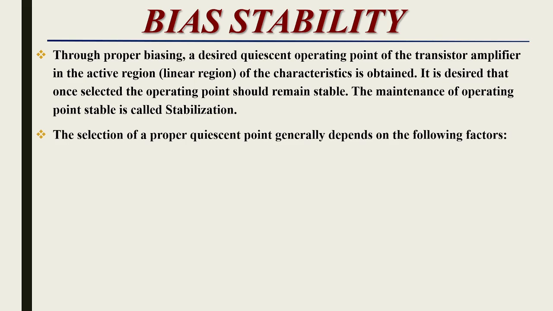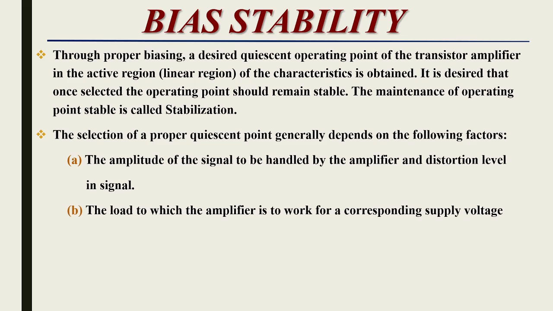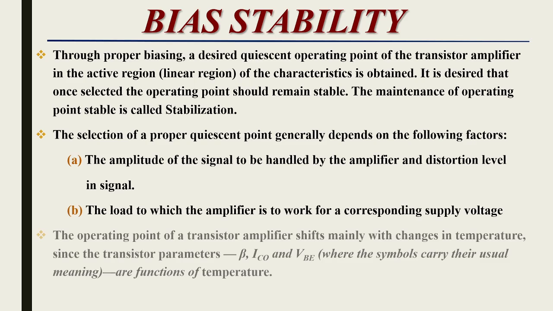The selection of a proper quiescent point generally depends on the following factors: the amplitude of the input to be handled by the amplifier, the distortion level in the signal, and the load to which the amplifier is to work for a corresponding supply voltage.